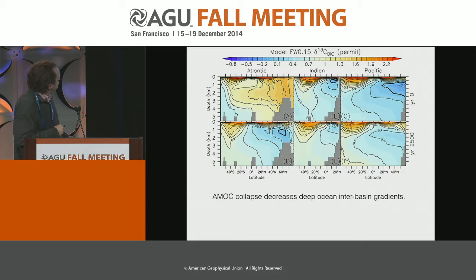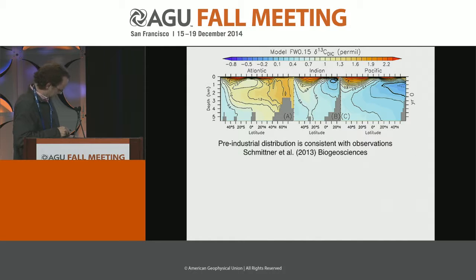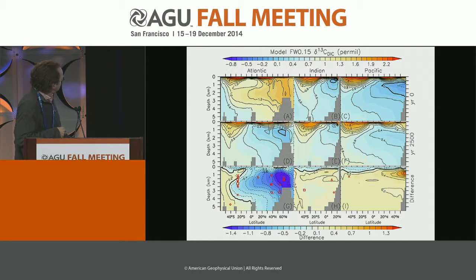If we now take the difference between the two, this is at year 2500 in the model, it is shown down here in this lower panel. We can see a large decrease, and the scale is different than the top scale. The dark blue colors are about a 1 per mil decrease in C13.